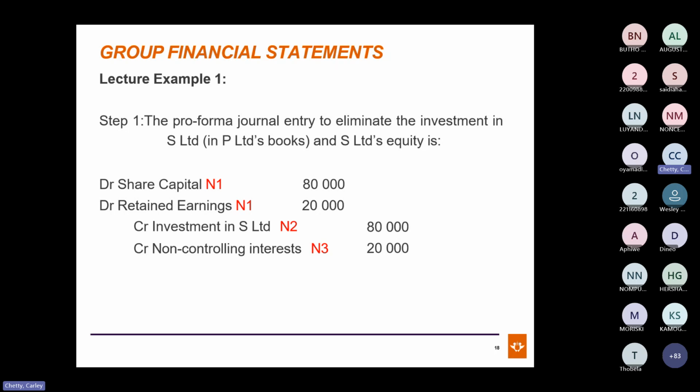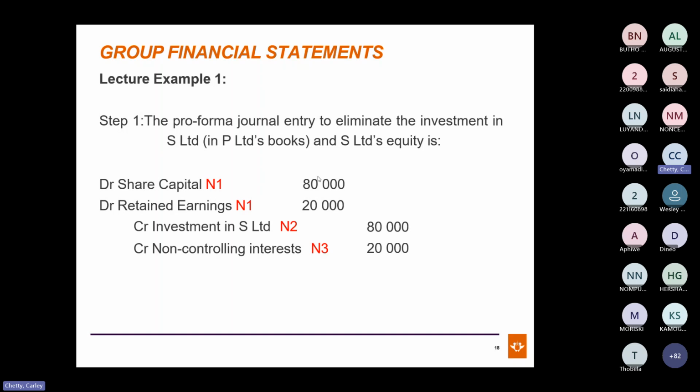Okay, so we have debited the equity of the subsidiary and we are crediting the cost of the investment in the subsidiary. Now, if we compare those two, you can see that we still need to raise the non-controlling interest, okay? So we need to raise the non-controlling interest, which is 20,000 Rand.